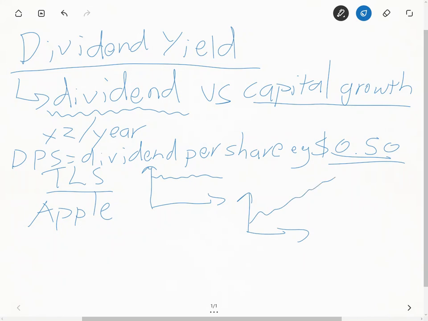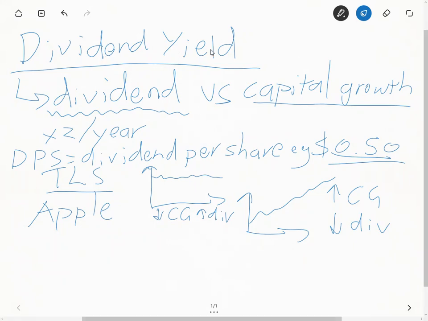It obviously has peaks and troughs, but Apple became the first $1 trillion company in the history of humankind. So they have very high capital growth, and therefore a lower dividend, whereas companies like Telstra will have low capital growth and a high dividend. Okay, so that's important to understand.